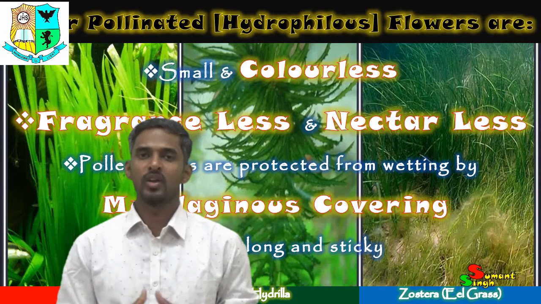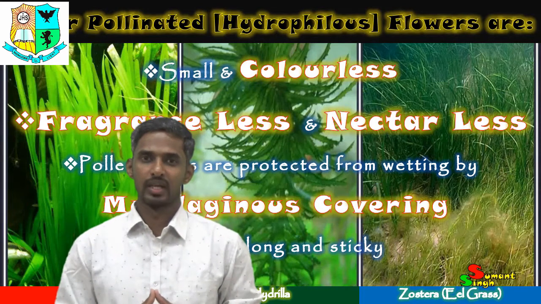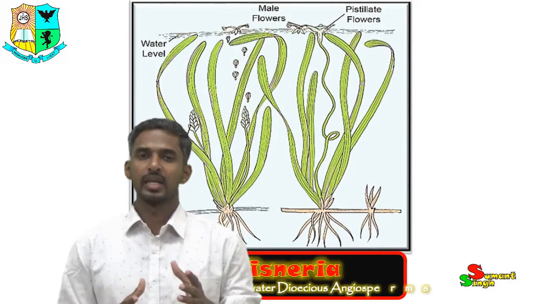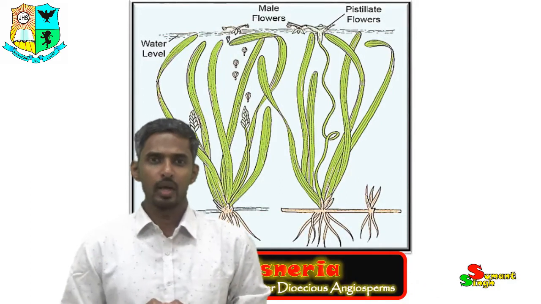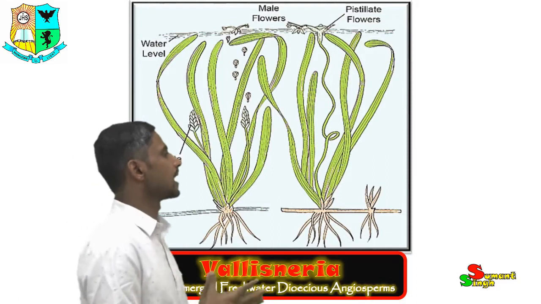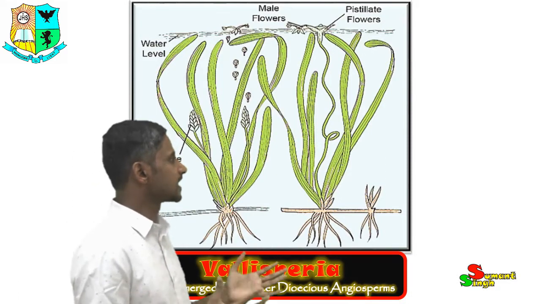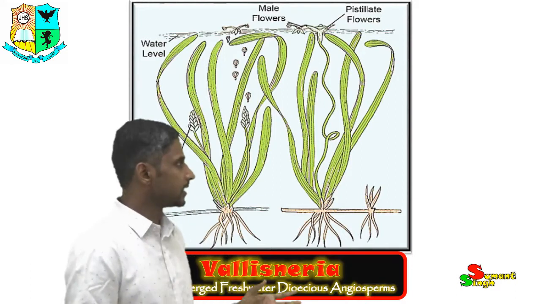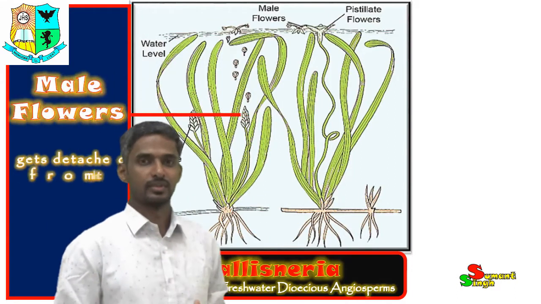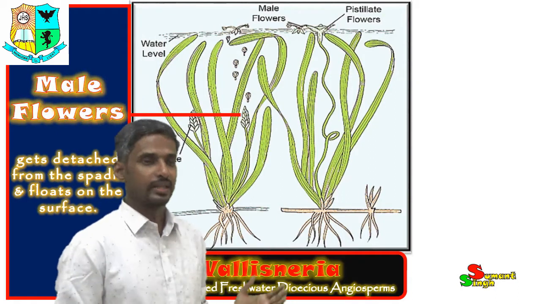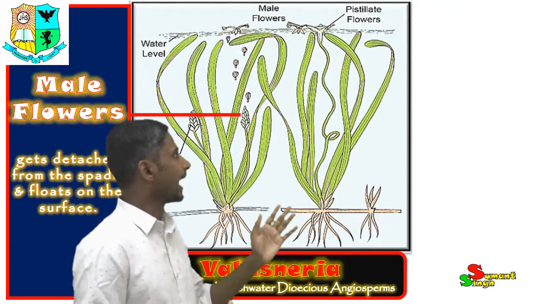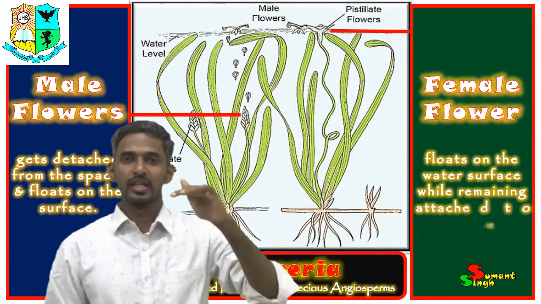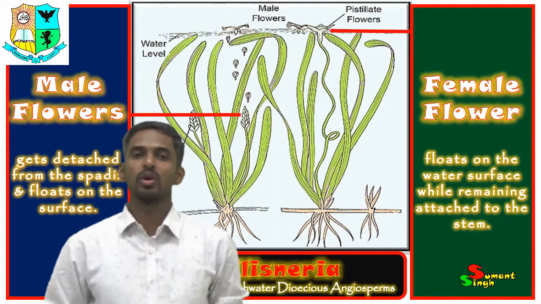Now, how does this pollination take place in water in the case of Vallisneria? Vallisneria are submerged plants. What happens during fertilization? The stigma of the female flower grows upward and reaches the surface of the water.